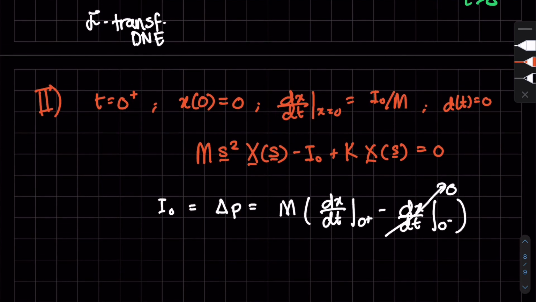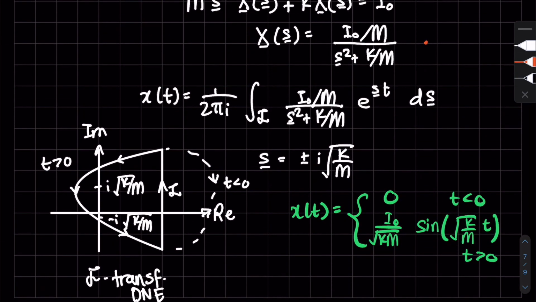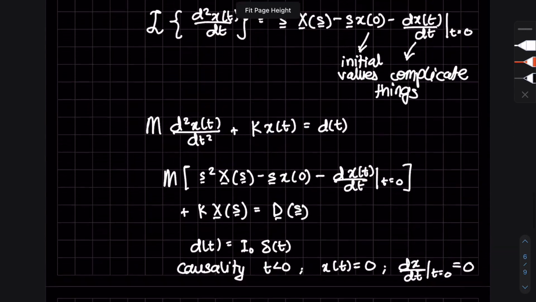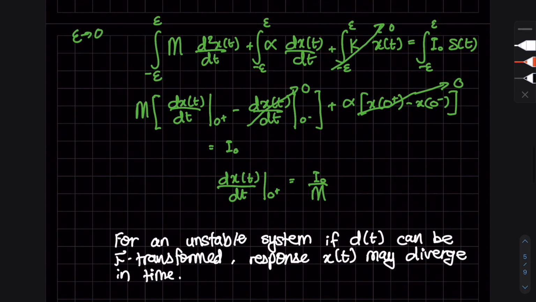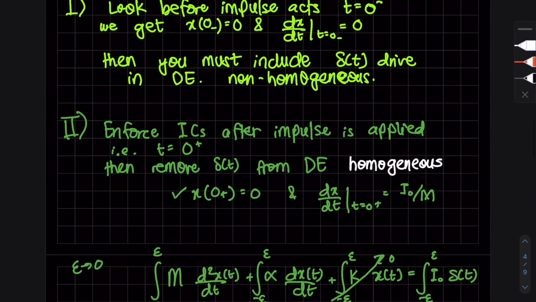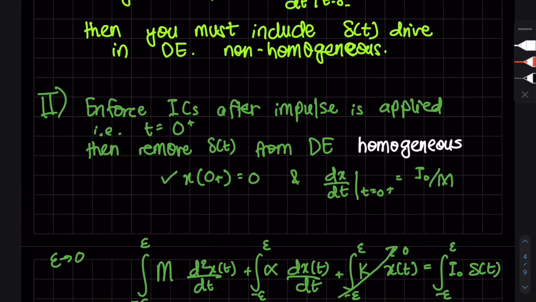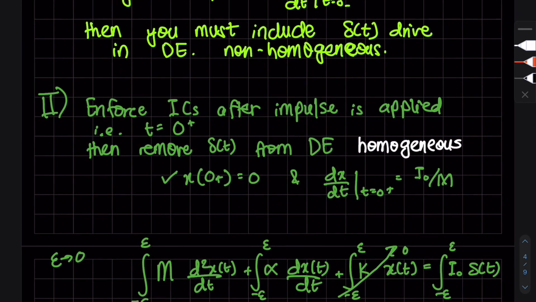And there we go. These are the two perspectives that I think are extremely important when you're considering these. The point is that perspective 2 creates effective initial conditions for a homogeneous problem.